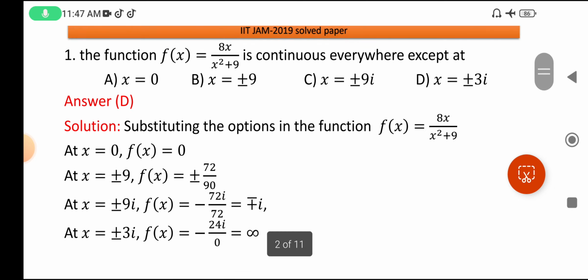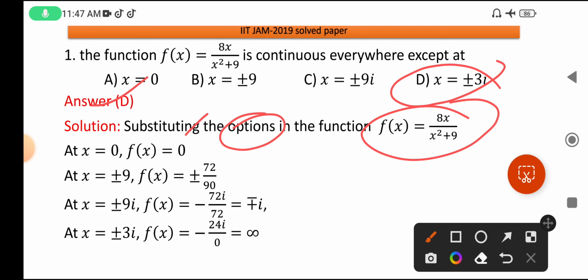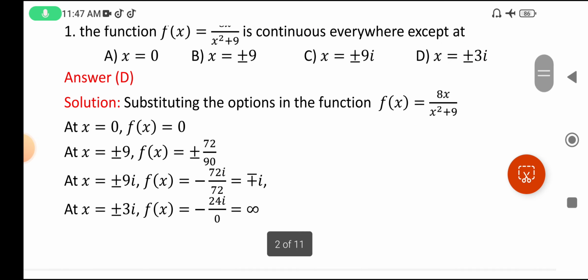The answer is given as D only, but how is it D? First substitute the options in the function, then we can decide whether it is a continuous function.